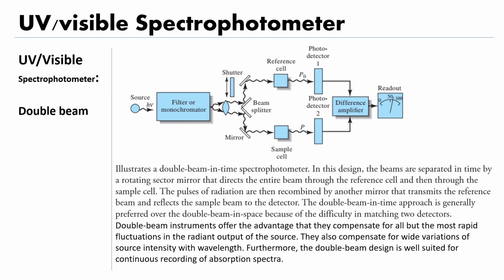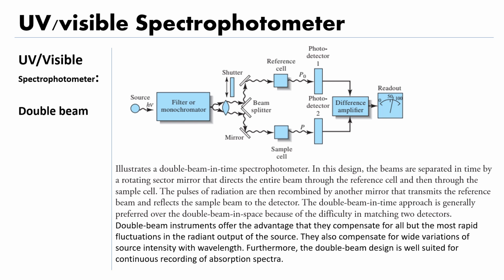In a single beam there is only one cuvette holder, and we measure by removing one sample after another. But here we can directly measure two samples, one with the reference and another with the sample, because the double beam spectrophotometer has two cuvette holders. In one cuvette we put the reference or standard substance, and in the other we put the sample.